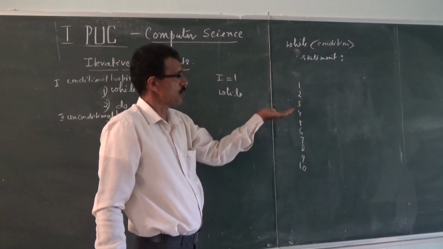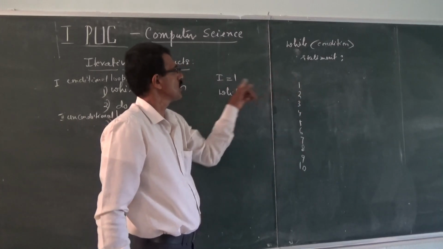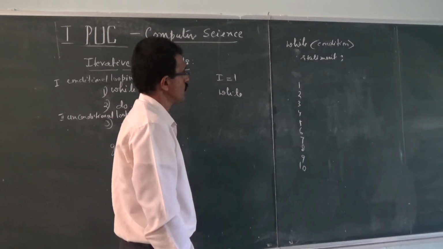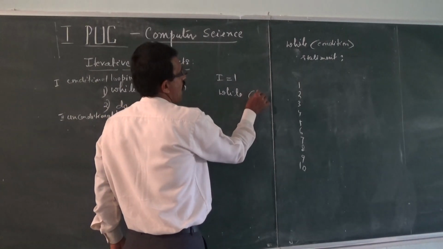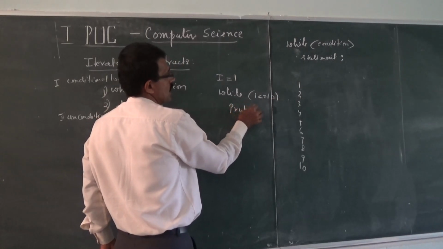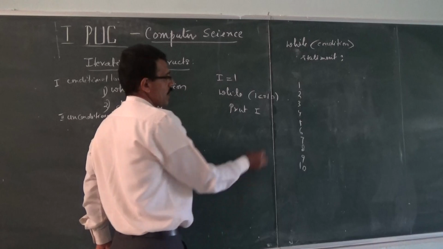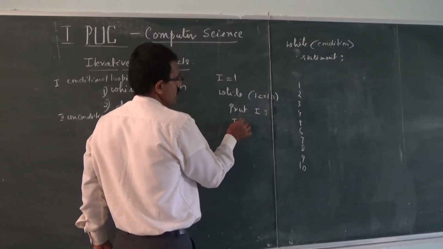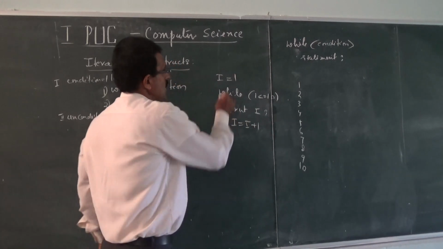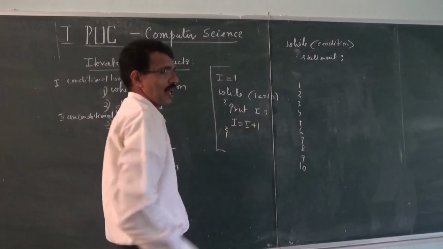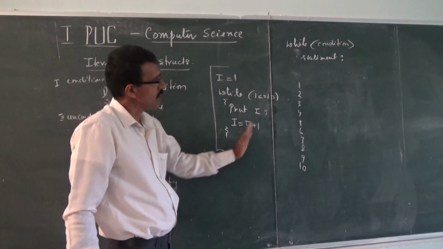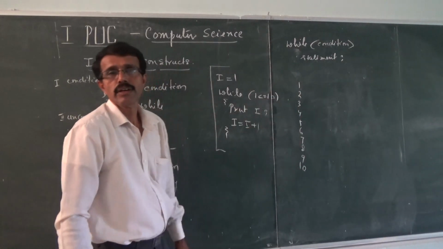If you need to display 1 to 10 natural numbers, I use one variable, I, as the count, or any arbitrary name you can use. While I is less than or equal to 10, what do you have to do? Print the value of I, and I is equal to I plus 1. By writing this code, definitely you can accomplish this task.